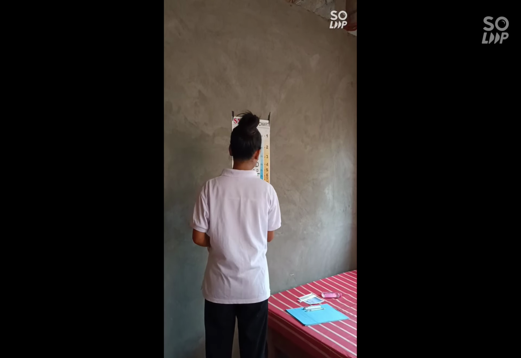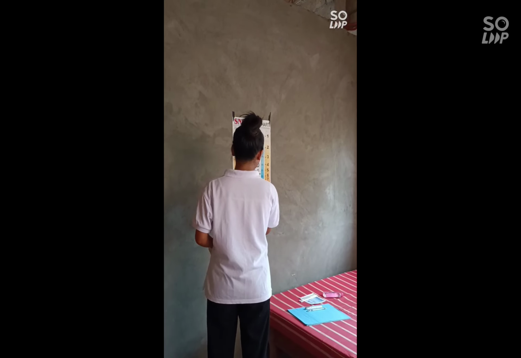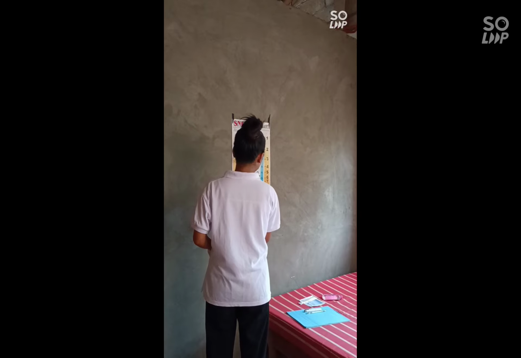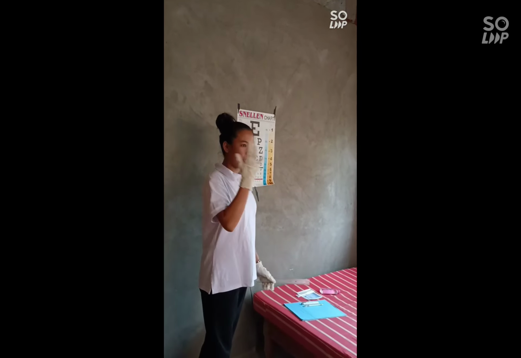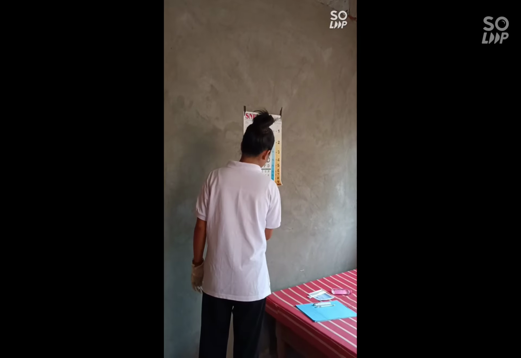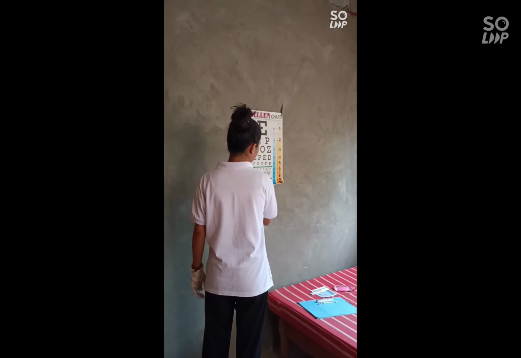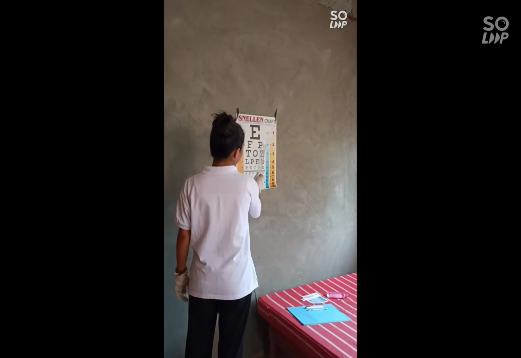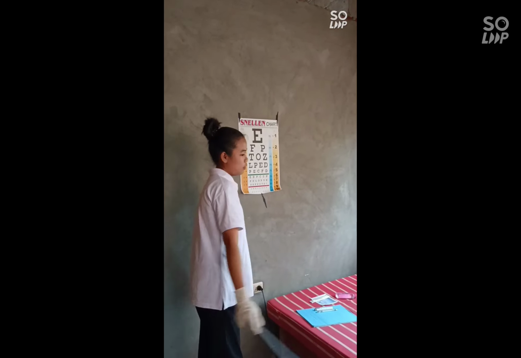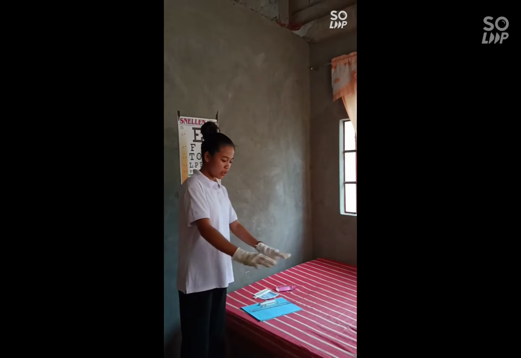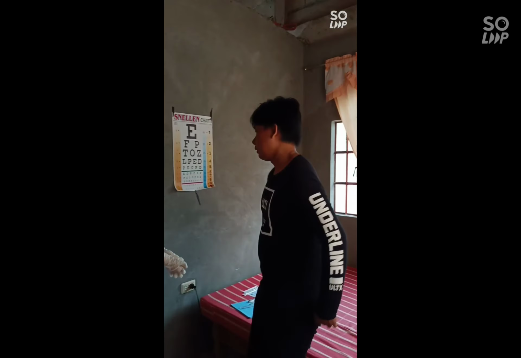E F F L E. Okay, now with your left hand, cover your left eye. Okay. D Z T P E C. Okay, that's good, sir. So, sir, can you please go back here?